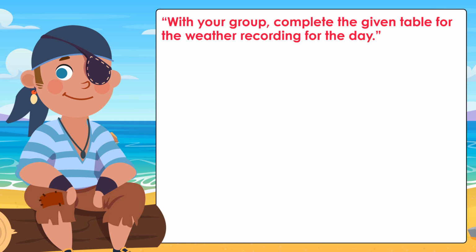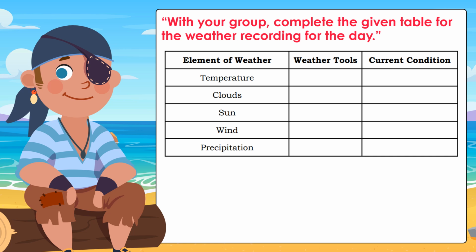With your group, complete the given table for the weather recording for the day. Here's the table. First column, we have the element of weather, such as temperature, clouds, sun, wind, precipitation. Second column, weather tools. Third column, weather condition.